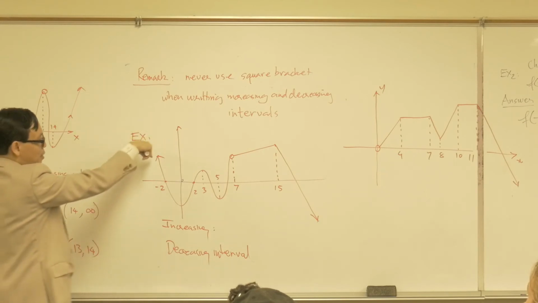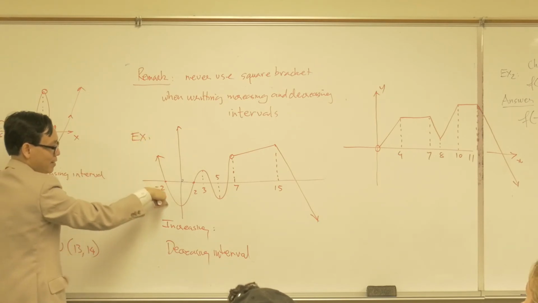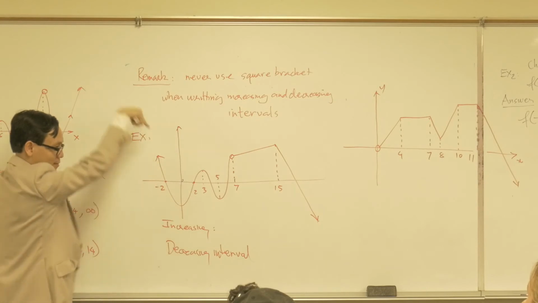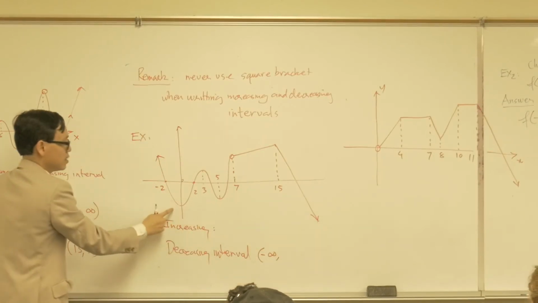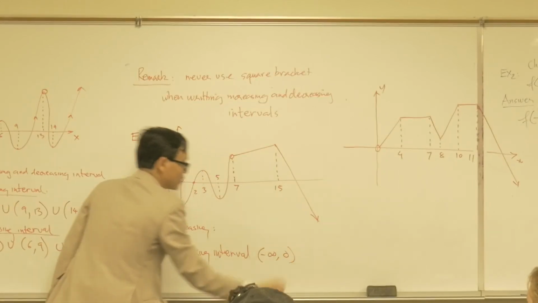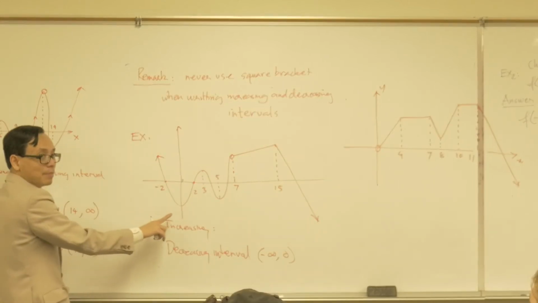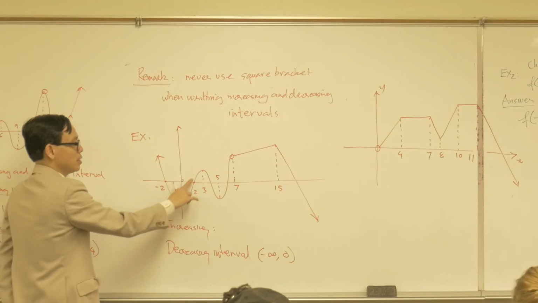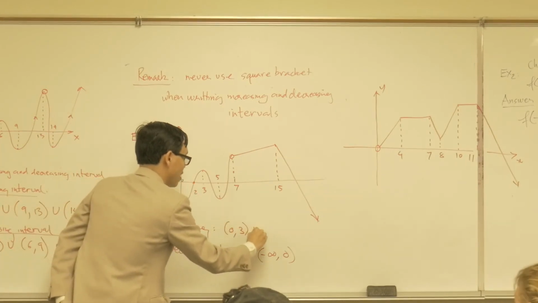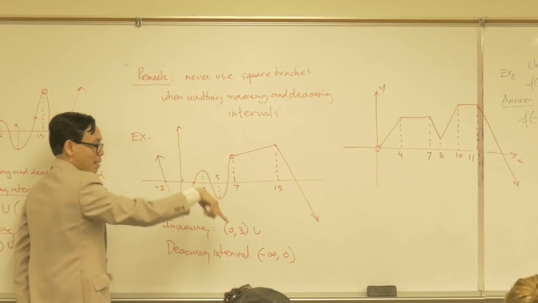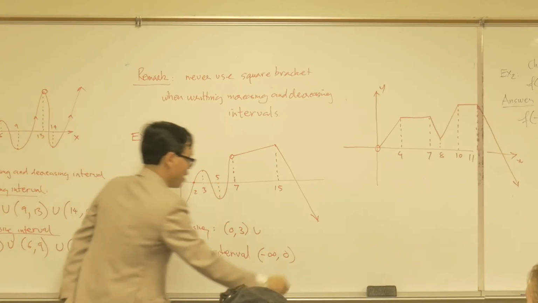So if you go from left to right, you go down, right? So it's decreasing from negative infinity to 0. Then you start climbing up from 0 to 3. Then you climb down, 3 to 5.